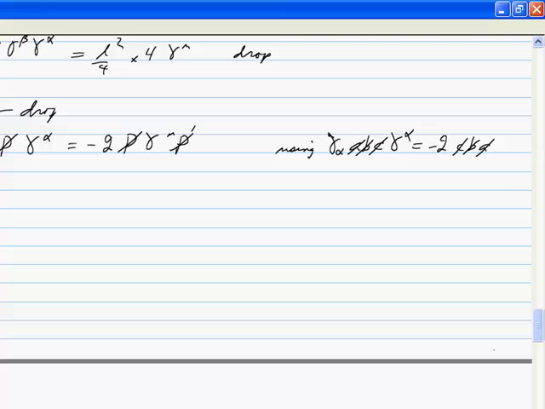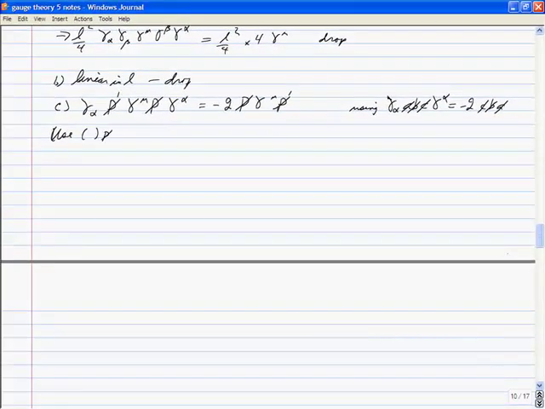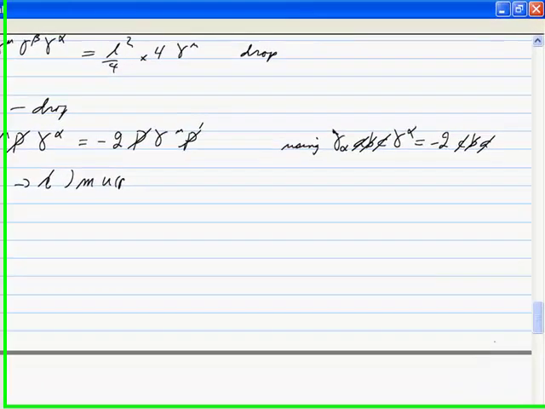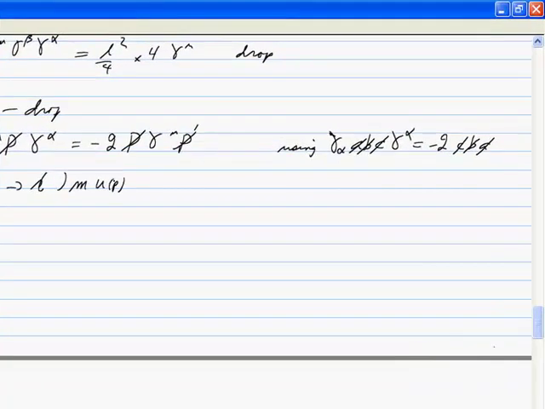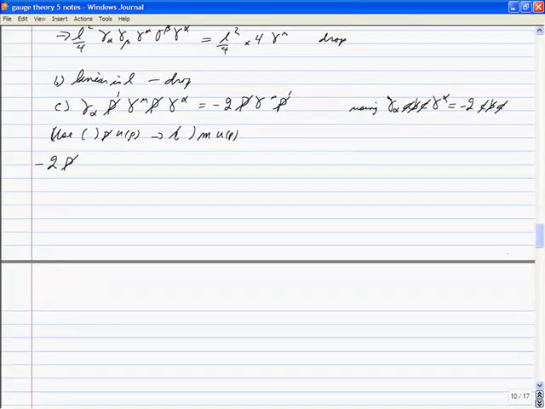These, if I have anything times p slash on u of p, that's going to take it into that thing times m u of p. And of course in the p slash and p slash prime we have some of those. Likewise on the other side. So the minus 2 p slash gamma mu p slash prime equals minus 2.